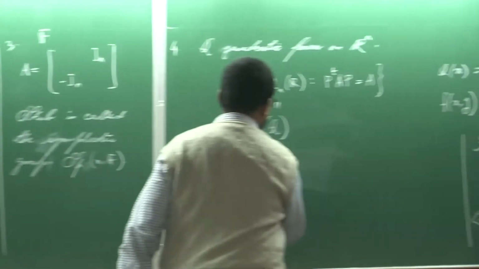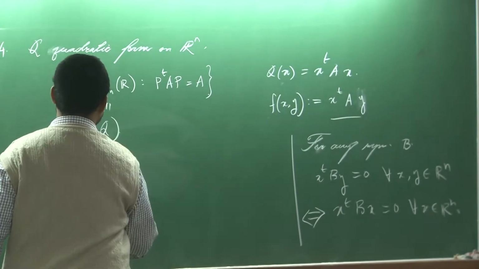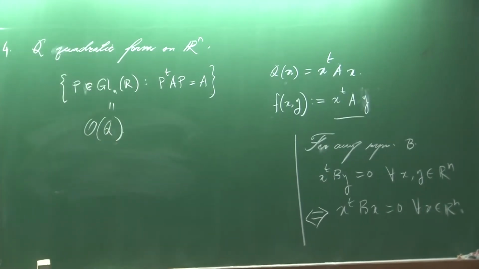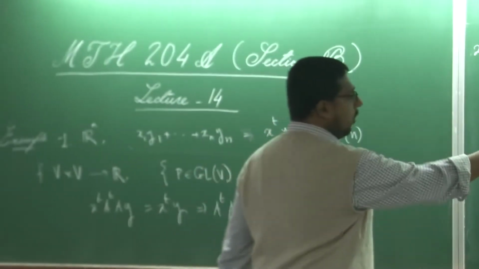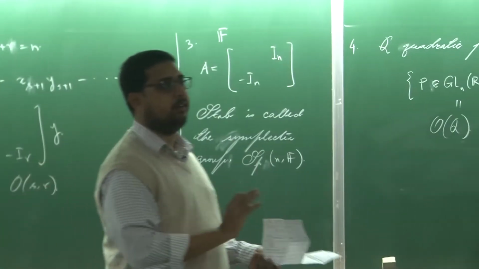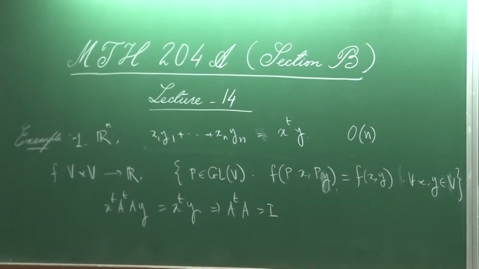So, keeping that analogy in mind, we define the notion of orthogonal group in generality for any quadratic form. I repeat, in particular, when x1 square plus up to xn square is the required quadratic form, then that corresponds to our known orthogonal group.